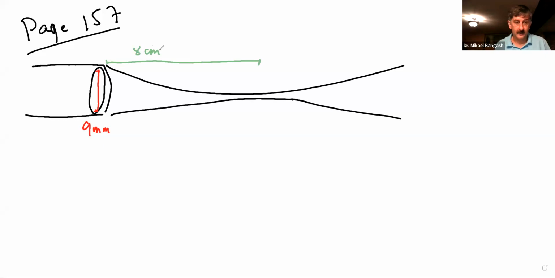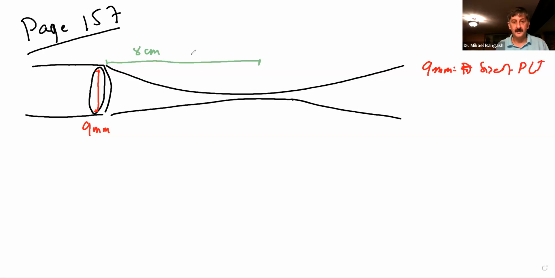Now what we mean is, this 9 millimeter here represents the size of the PCT.